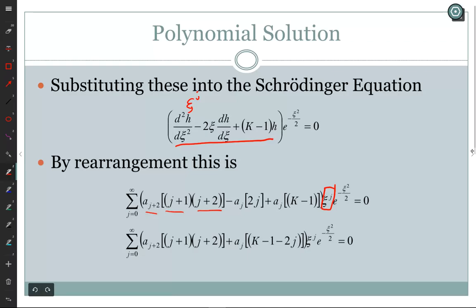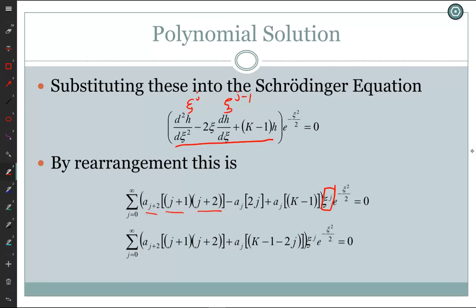Now my second term, I have the dh dc times c. So that means I want to have my derivative to have c to the j minus 1. So when I multiply it by the c, I'll have c to the j. My goal is to make sure I have c to the same power in each term.